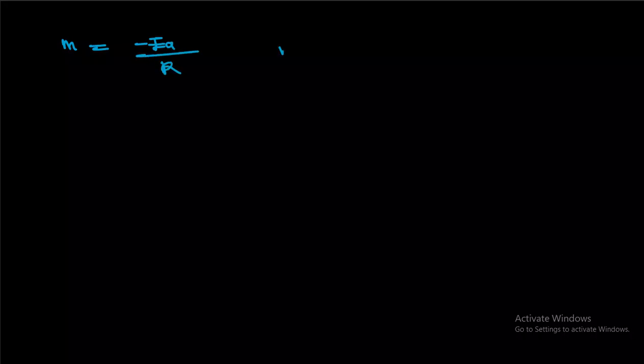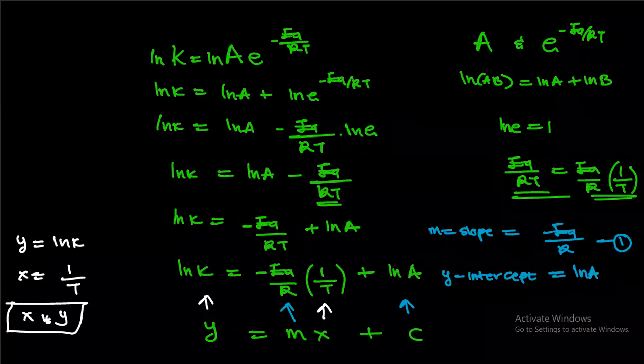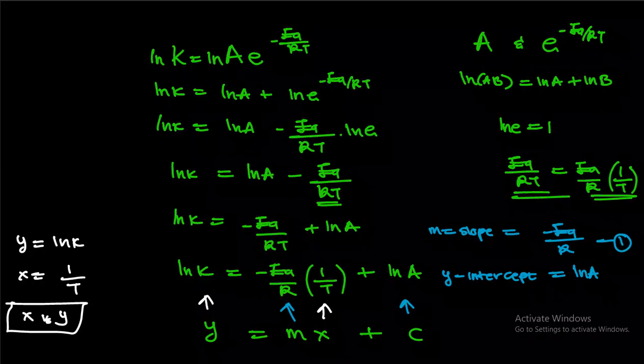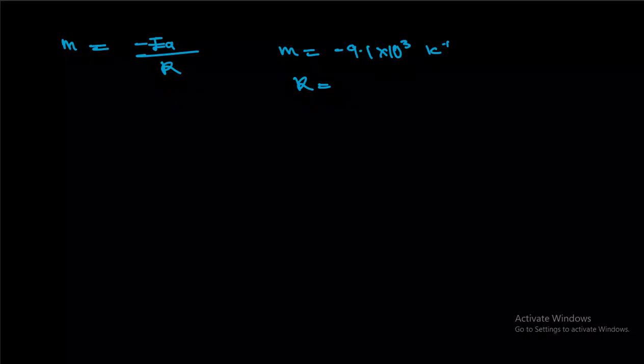The slope has been given to be negative 9.1 times 10 to the power 3. What else have we been given? We have been given the gas constant, 8.314.